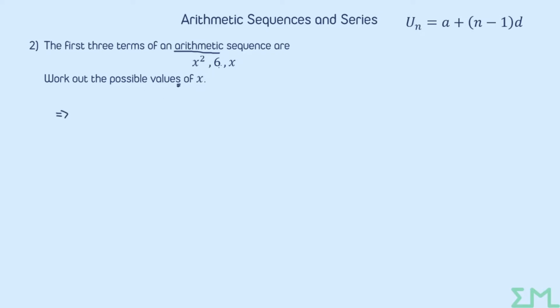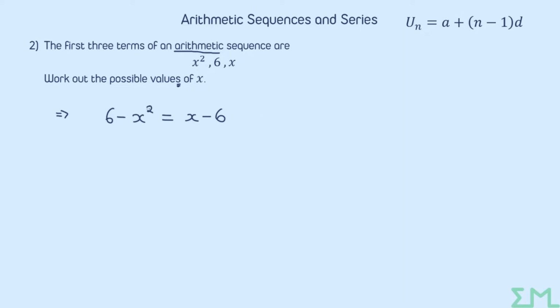So my common difference for the first and second terms would be 6 minus x squared. So working out the difference between them. And then for the second 2 terms, that would be x minus 6. These 2 things must be equal. So there we have an equation that I can now solve.